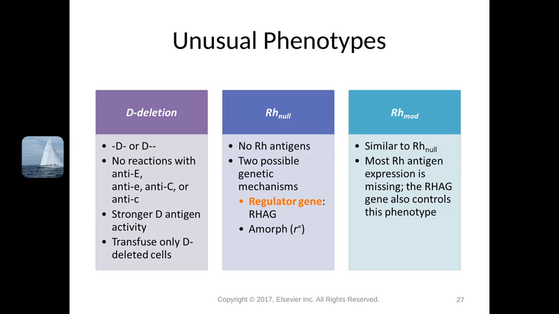We would get these from a rare donor bank. And then Rh null has no Rh antigen coming from that regulator gene or an amorph gene. And then the Rh mod is close to the Rh null, but it's controlled by the RHAG gene.